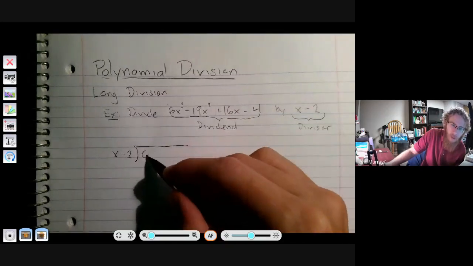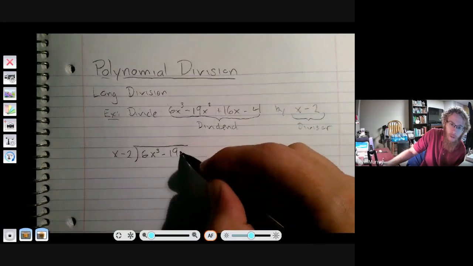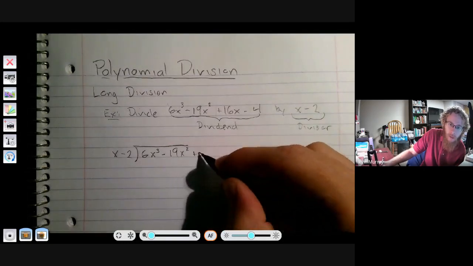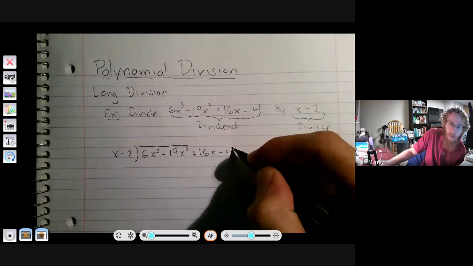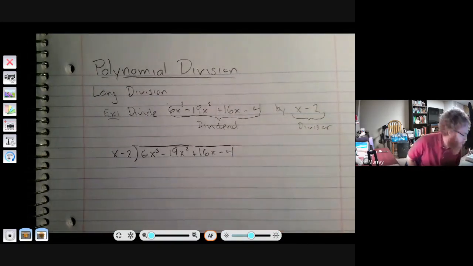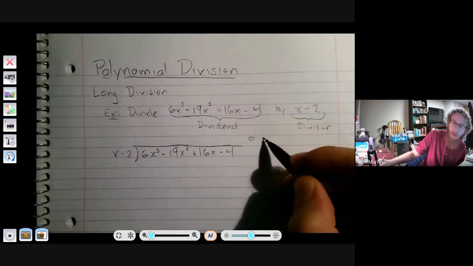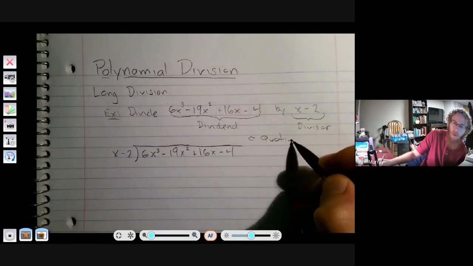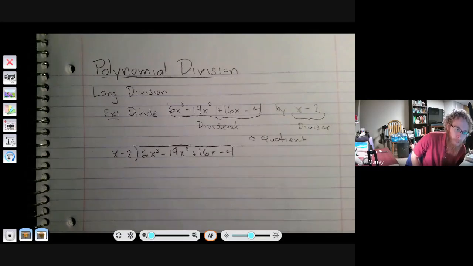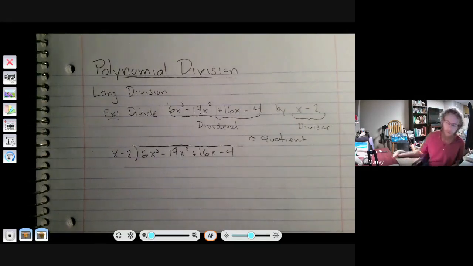So the dividend goes underneath the division sign. And you want to make sure that the division sign goes all the way out and covers everything. Right. And whatever our answer is, whatever we get up here is going to be called the quotient.